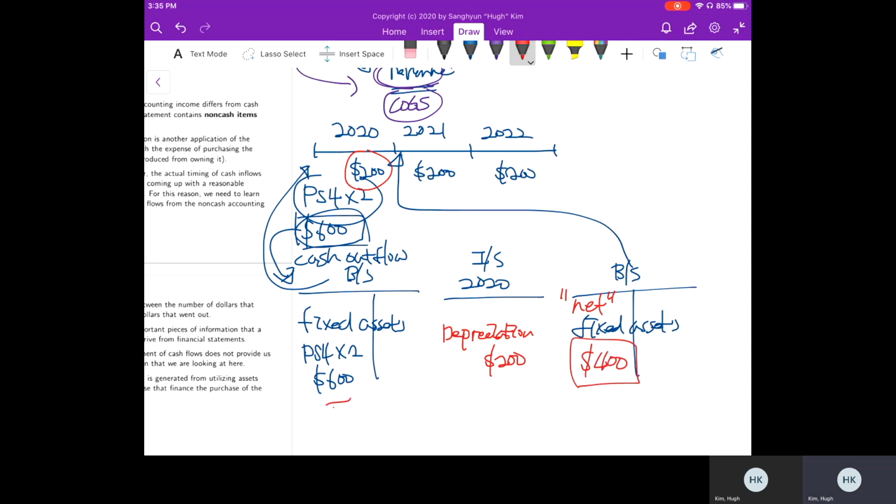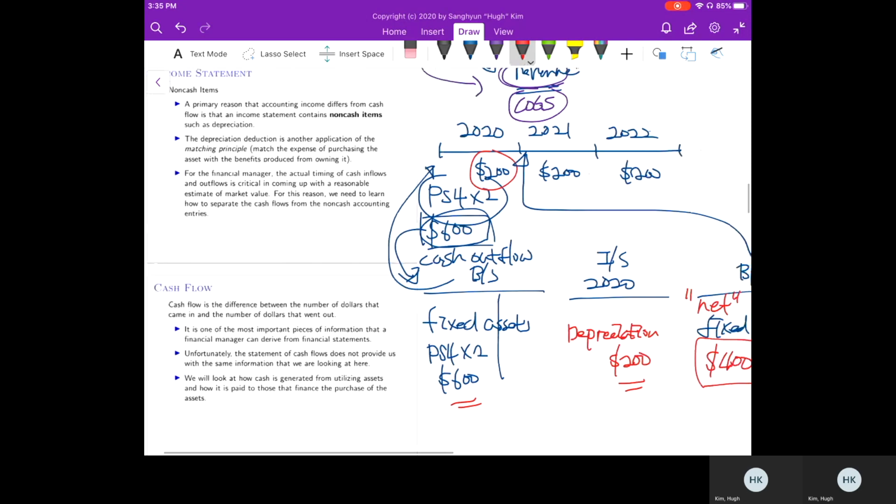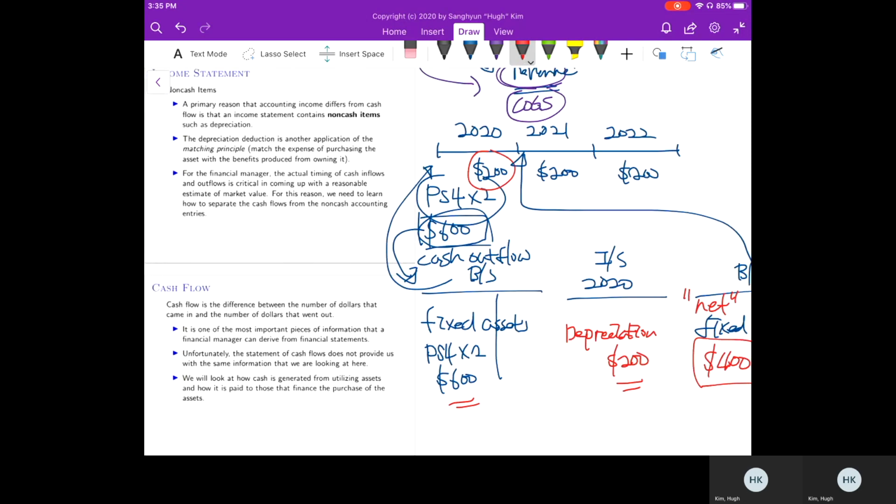So 600 minus $200. So in this lecture, we're going to learn how to separate the cash flow from its non-cash accounting items like depreciation.